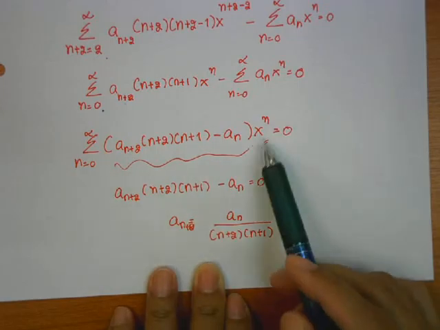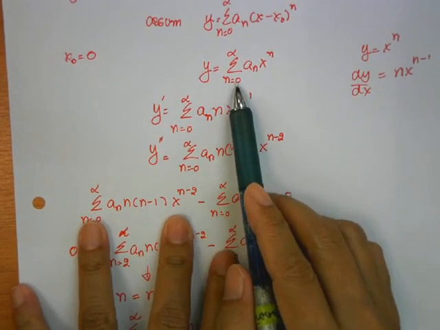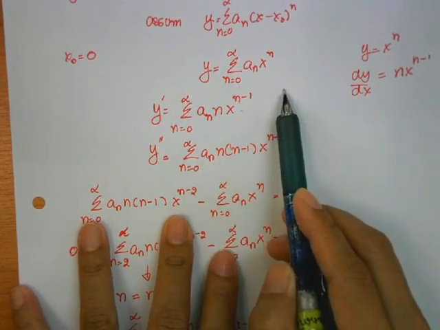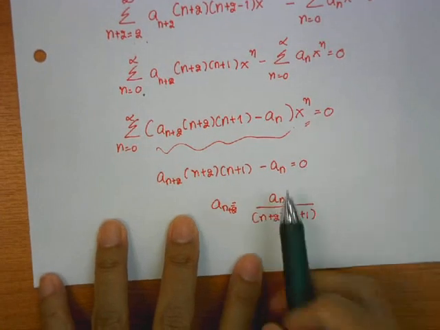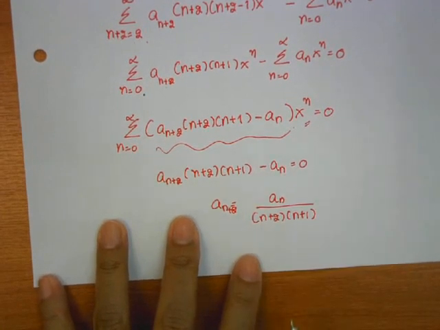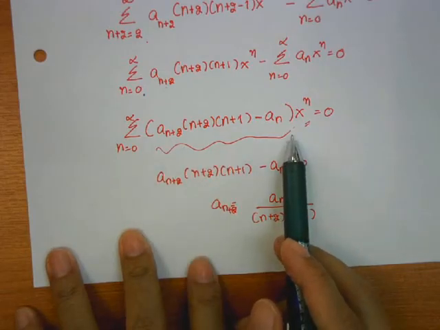But if you set x to the power n equal to 0, that doesn't make sense, right? That means your y is equal to 0. You would get the answer y equal to 0. y equal to 0 is a trivial solution, so that wouldn't happen. So we have only one way out to make this equation satisfied, which is the term inside the parentheses equal to 0.